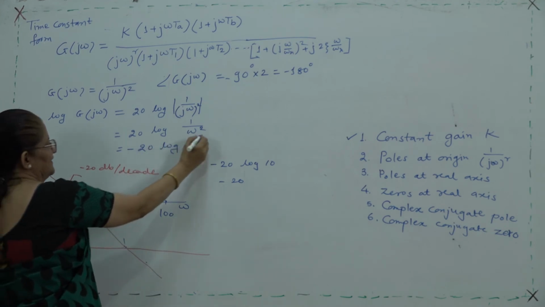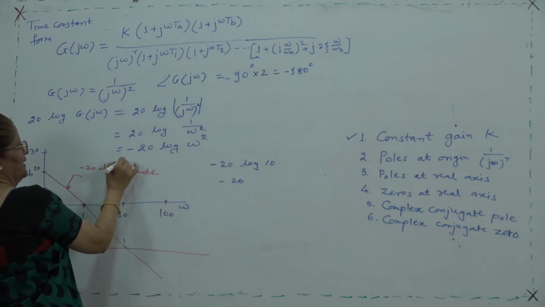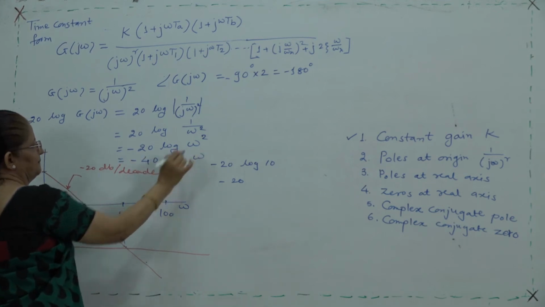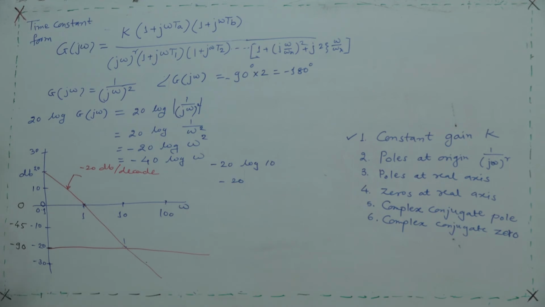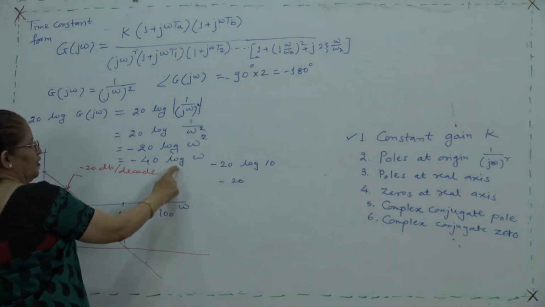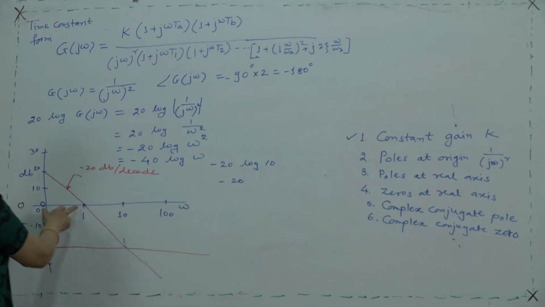It will be minus 40 log of omega. Meaning that, again, when I consider omega equal to 1, log of 1 is 0. So, the line will pass through 1 at 0 dB.